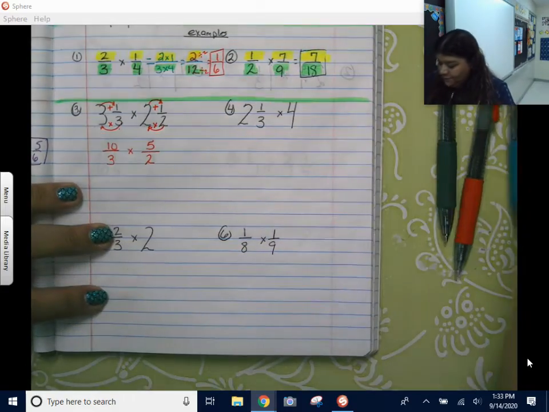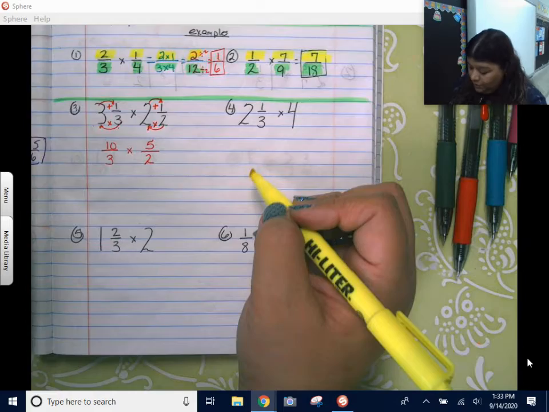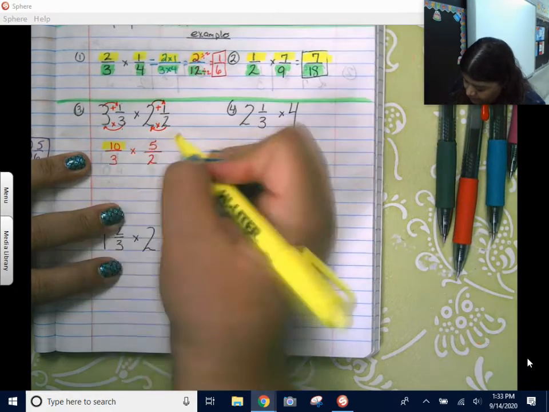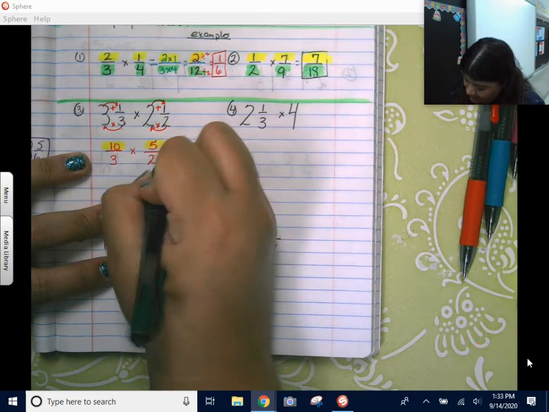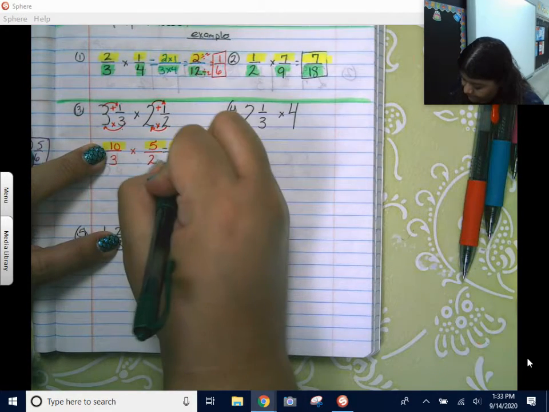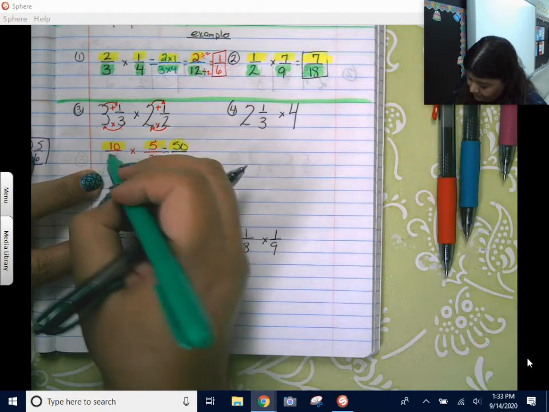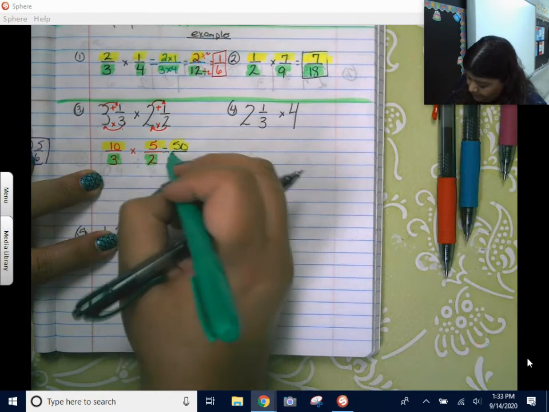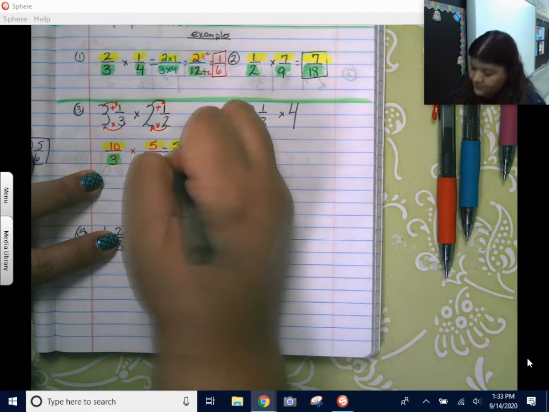Okay, so if you remember the multiplication process, pretty easy again. It's just like before, now that we've changed everything. Numerator times numerator. So 10 times 5, 50. Okay, denominator times denominator, 3 times 2 is 6.